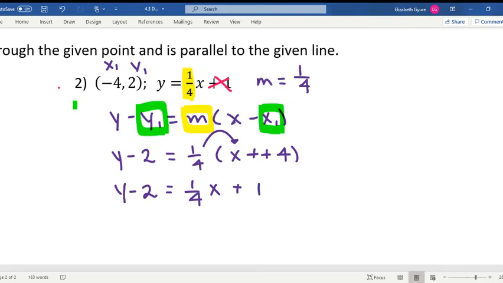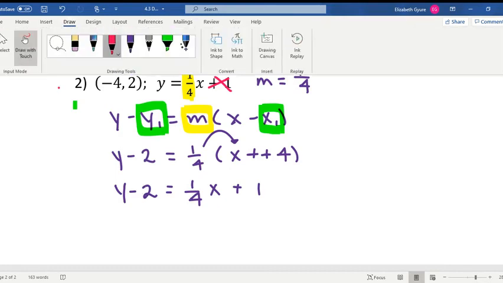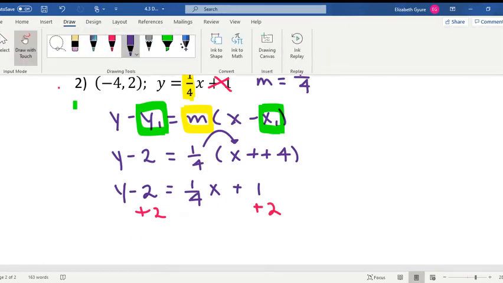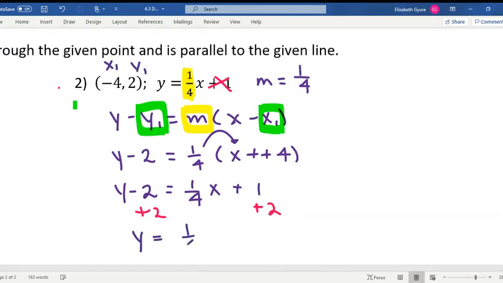And then last step, we don't want to subtract it, we want to add it, right? We want to add the 2 because we want to move it. It's a negative right now, so to get rid of it, we are going to add it to both sides. Good. So we have then y equals 1/4 x plus 3.